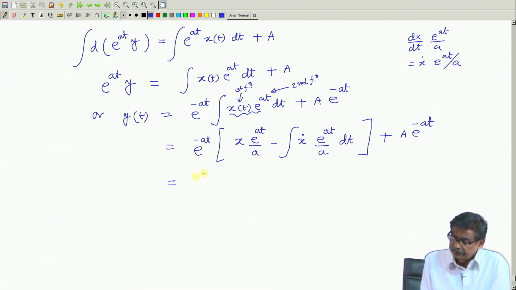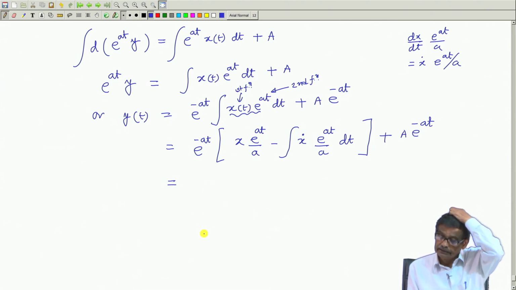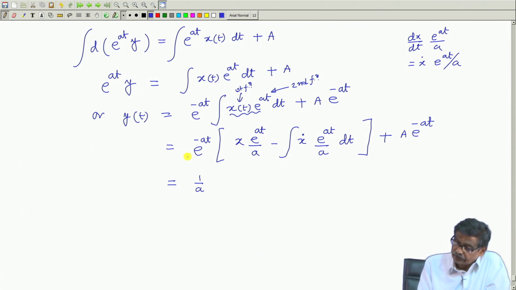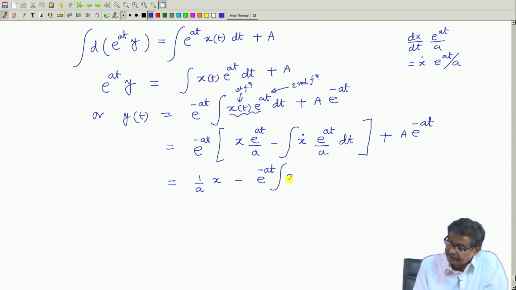So, the solution will then look like 1 over a, putting this e to the power minus a t inside. So this will cancel out, it will be x minus e to the power minus a t, which comes before this integration, and then this integration of x dot into e to the power a t, and this 1 by a can come outside the integral.